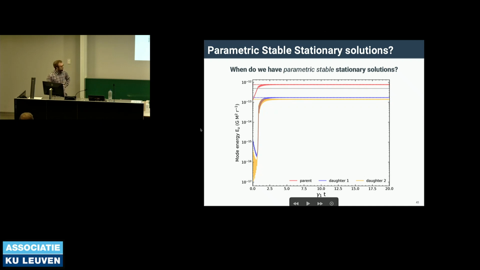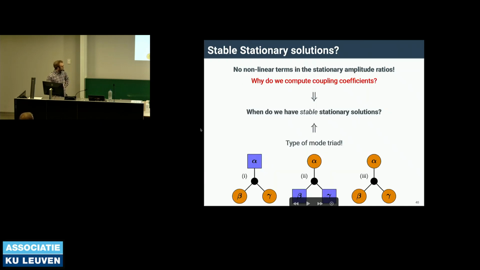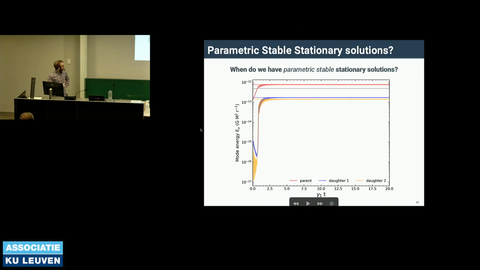So if we numerically integrate the amplitude equations, we can show you an example of such a stable stationary solution, where you have initial amplitudes that start all the way down here for your two damped modes, and one linearly excited mode that starts to increase in amplitude, and at a certain point, boom, here we have energy transfer between the modes, and we attain the stationary solutions and stay there for an indefinite amount of time.